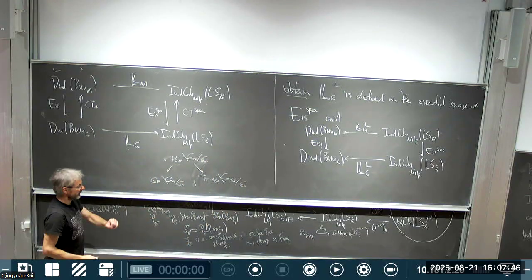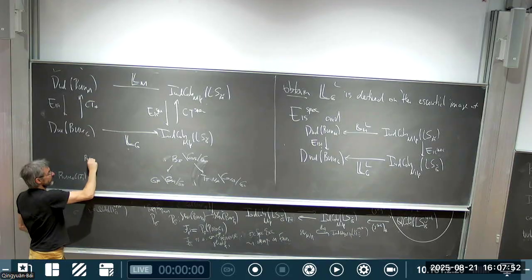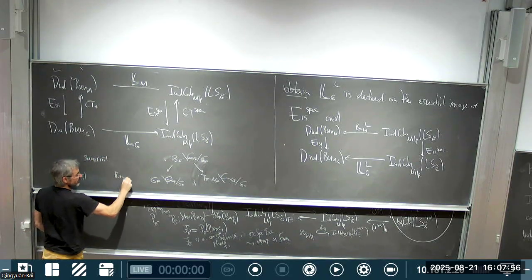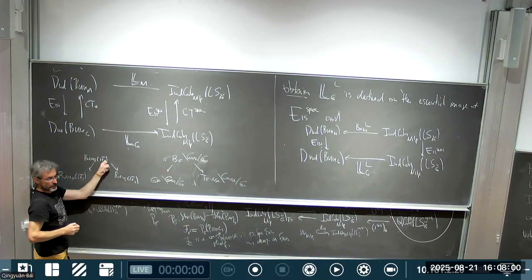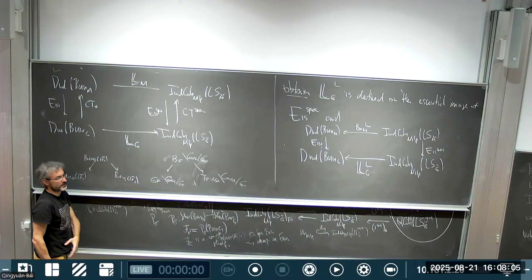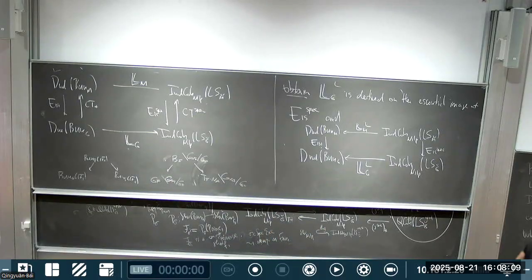In the function field case, it will be literally Bun_G over Q, Bun_B over Q, Bun_T over Q. So what you do is pull back the function, push forward the function, at the level of sheaves, which does the same. That's why it has this name.